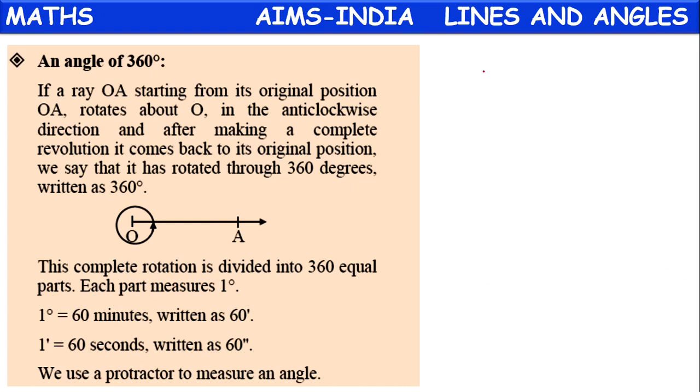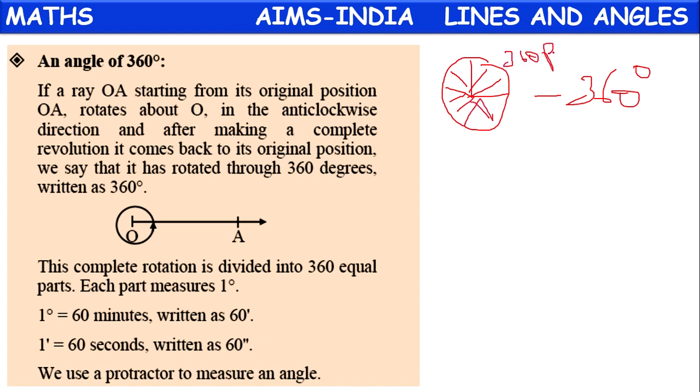So one complete rotation equals 360 degrees. This 360 degrees is divided into equal parts. How many parts? 360 parts. Then each will be known as 1 degree.